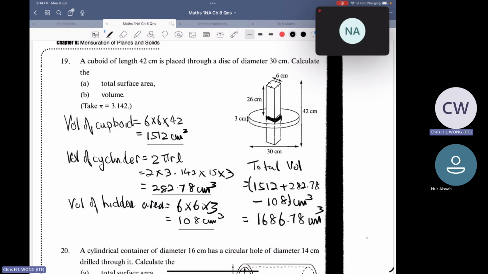Volume of cylinder is pi r squared times the height, not 2 pi r. Yes, you're right. This is wrong.